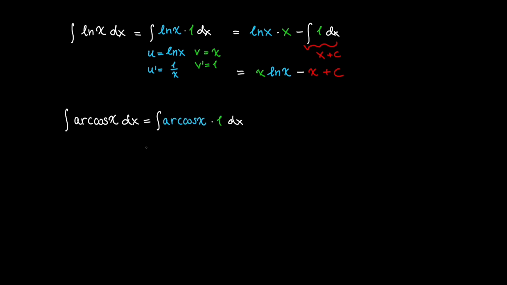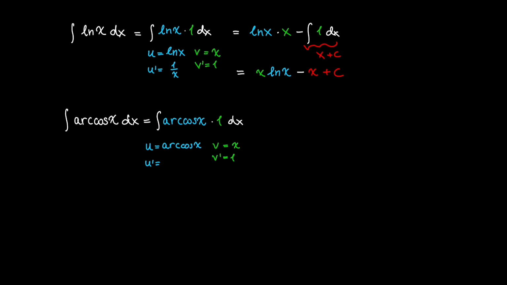So now that means we can set our u as the arc cosine of x, and the v prime we're going to have is 1. Now immediately the original v is going to be x, you already know that, but what is going to be u prime?